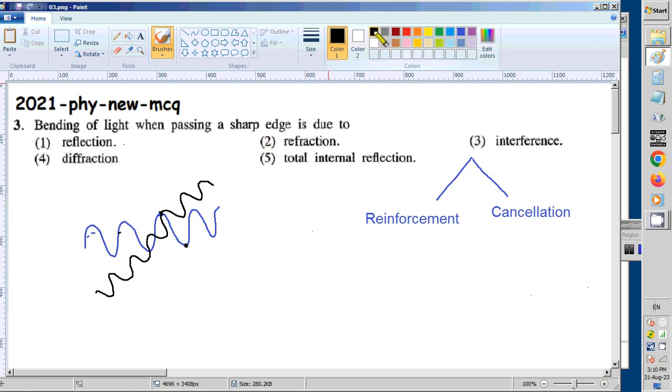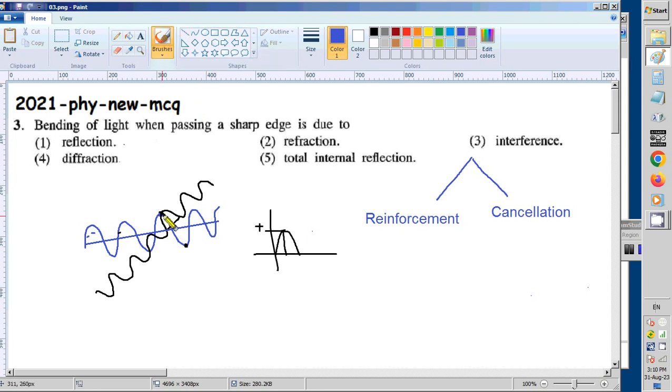So what happens? This black wave has positive amplitude, and the blue wave also has a positive portion, because the axis of the wave lies like this.